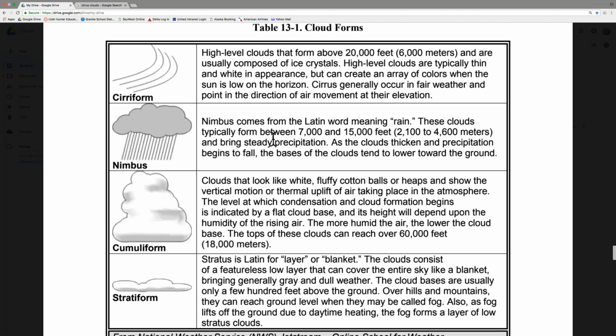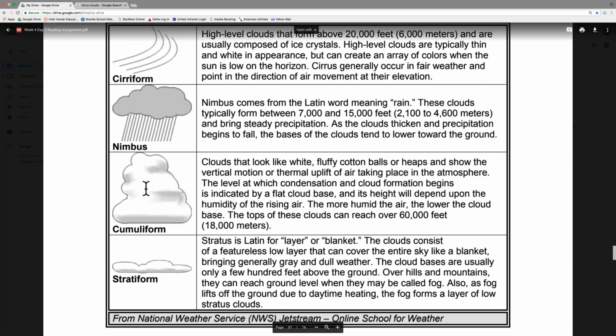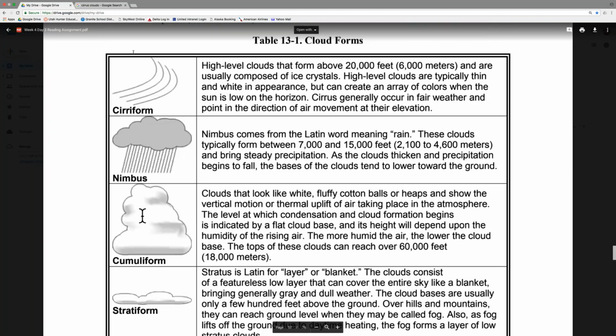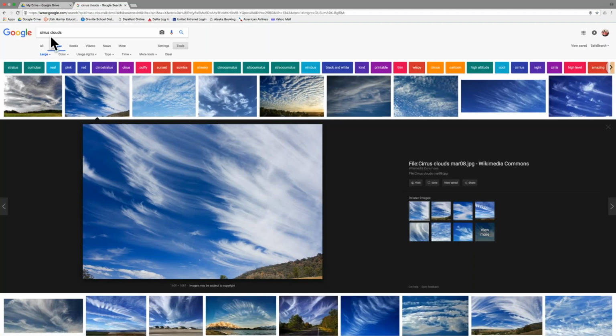The more humid the air, the lower the cloud base. So like I said before, the tops of these clouds can reach over 60,000 feet. We get the towering cumulus, and those are pretty intimidating.